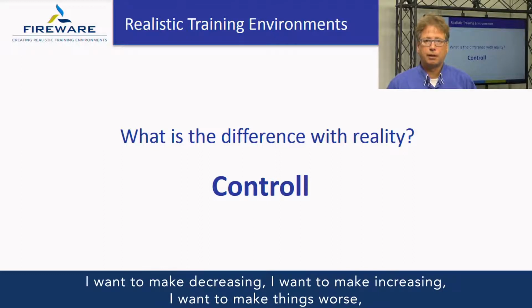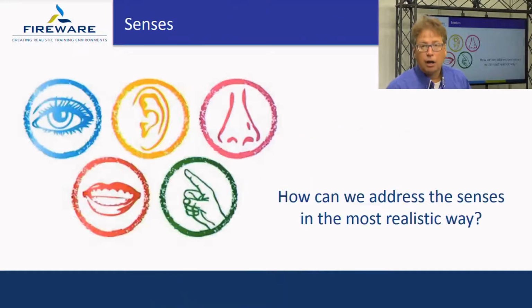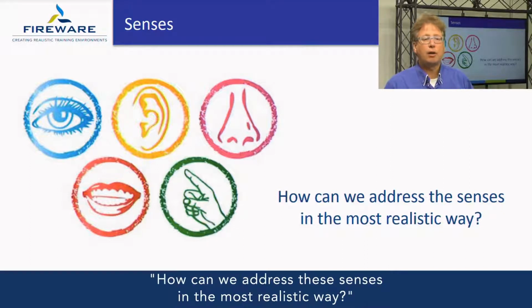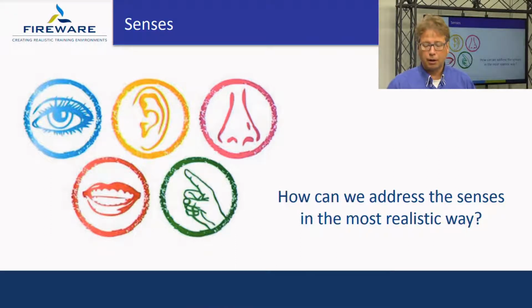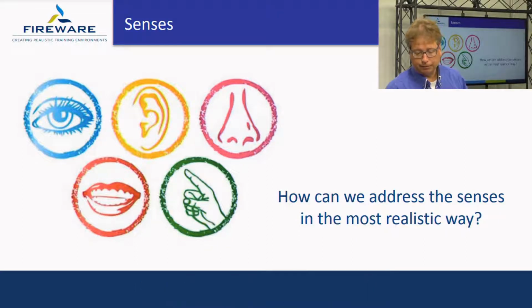I want to make things decrease, I want to make things increase, I want to make things worse, I want to make things better, just depending on how they act. It's very good to realize that, and ask yourself the question, how can we address these senses in the most realistic way? Let us have a look at some examples.